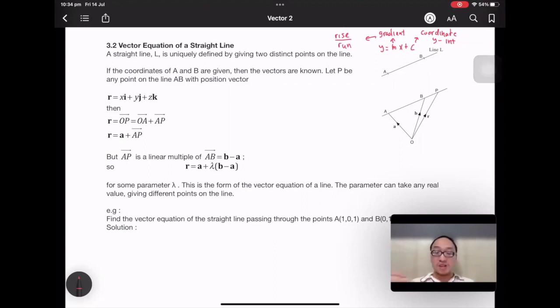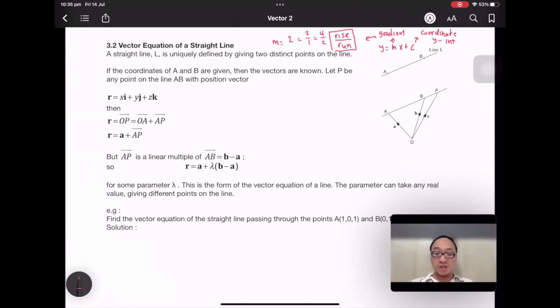So in other words, I can say that the gradient has a direction. For example, if the gradient equals 2, it can be written in the form of 2 over 1, or maybe I can write it in the form of 4 over 2.